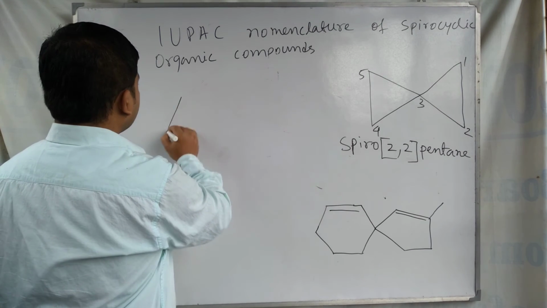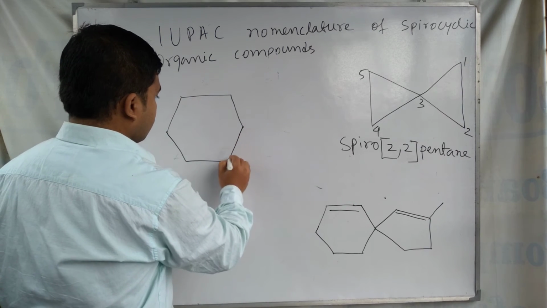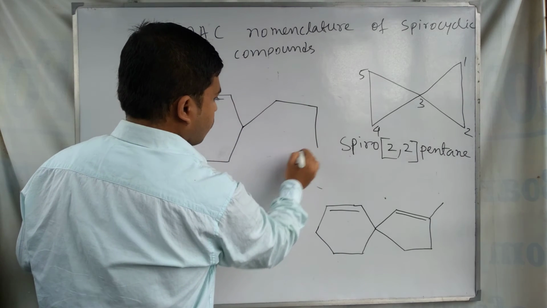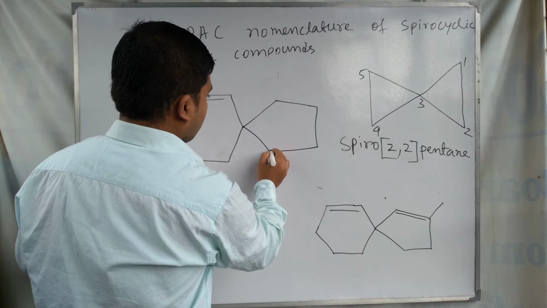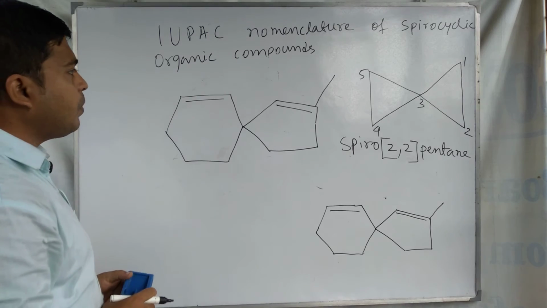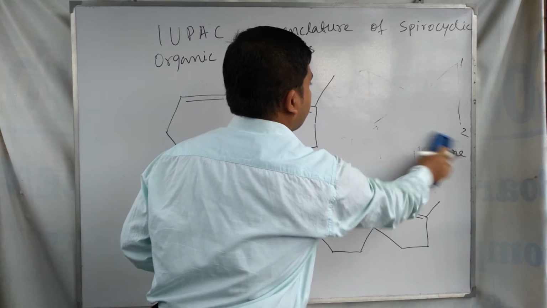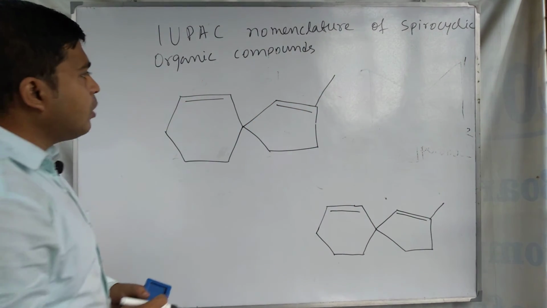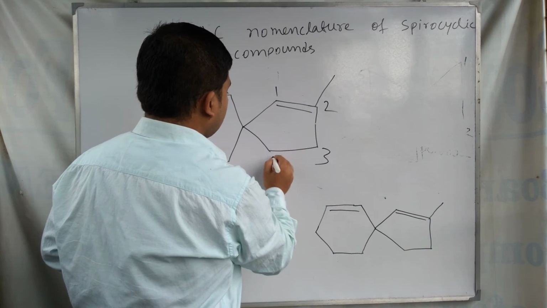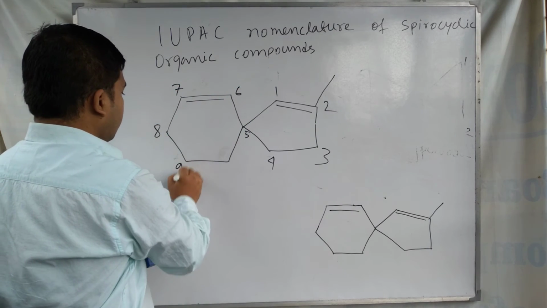Suppose we take this compound as an example of IUPAC name writing for spiro compounds, and for these molecules we have to start the numbering with 1 2 3 4 5 6 7 8 9 and 10.